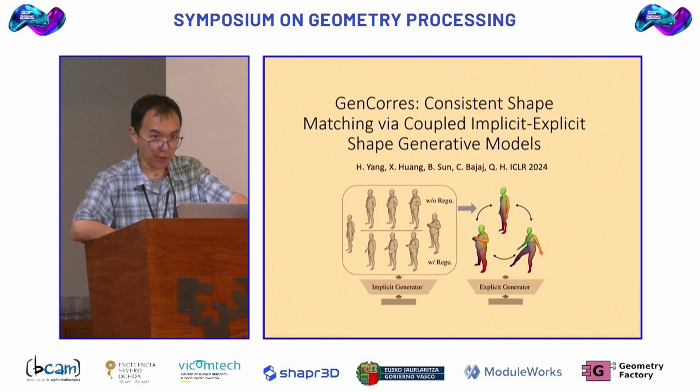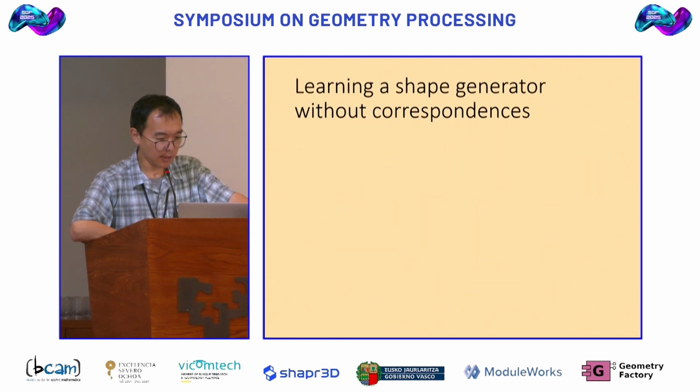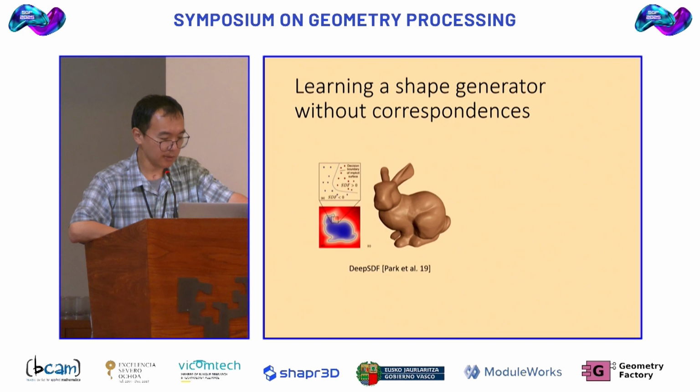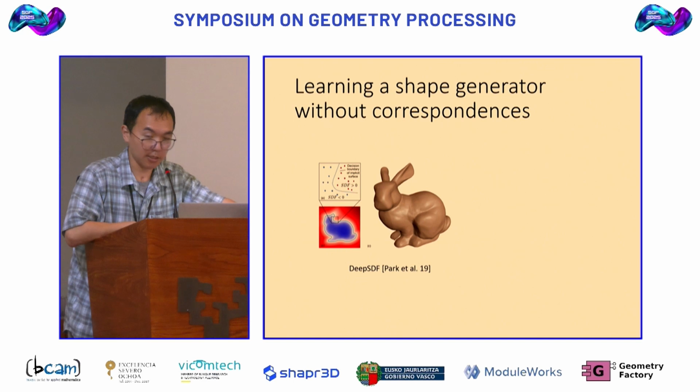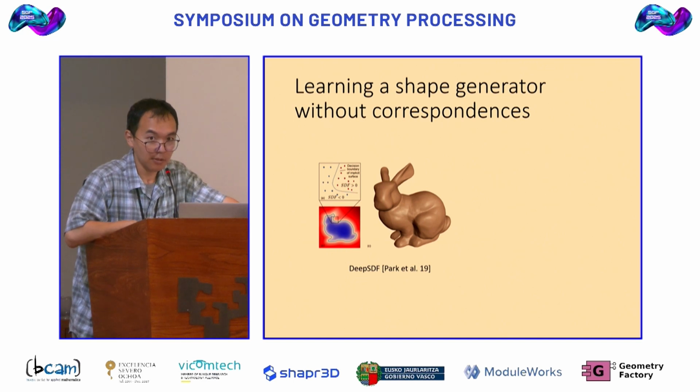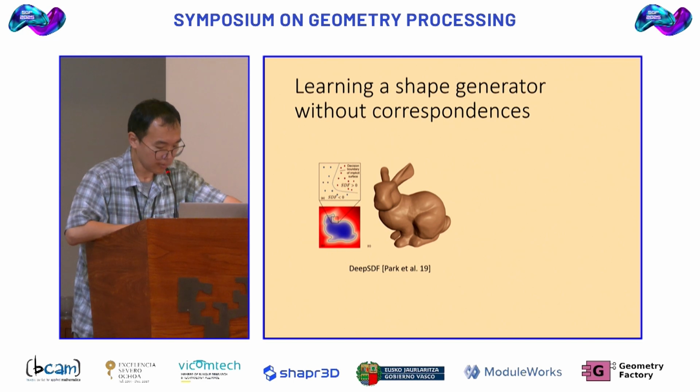In practice, if you scan shapes using 3D scanners, you don't have correspondences. Now the question here is, can we actually learn generative models without correspondences? Yes, you can. This is called implicit representation, DeepSDF. You just have a loss that measures the distance between points and the underlying implicit representation.